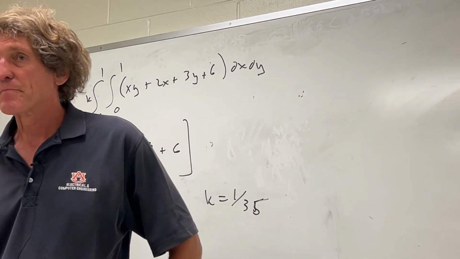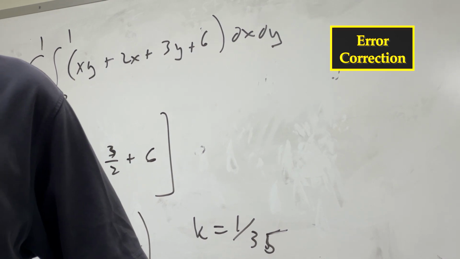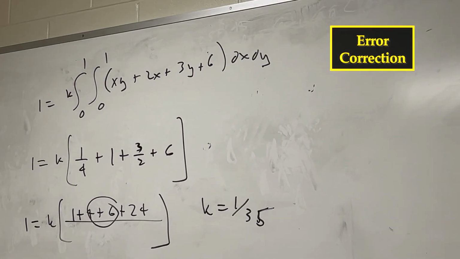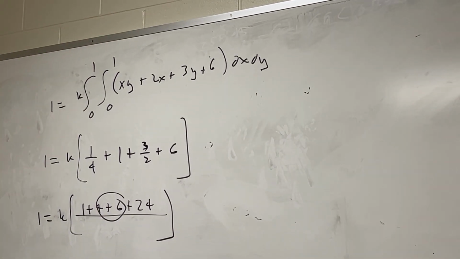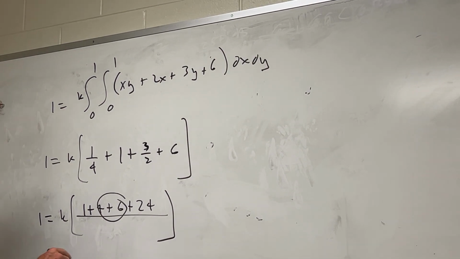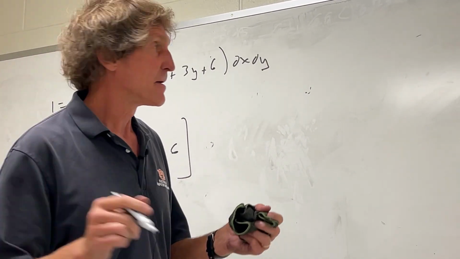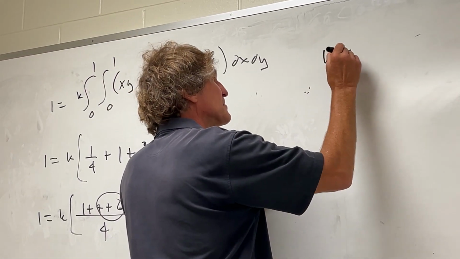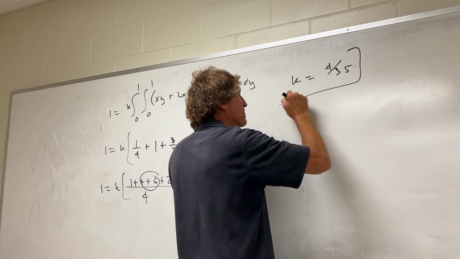Is that right, Si? It's 4/35. What? 4. Did I mess up something? For k? You forgot to put your denominator 4. 35/4, so it's 4/35. My bad. So k is equal to 4/35. I'm sorry about that.